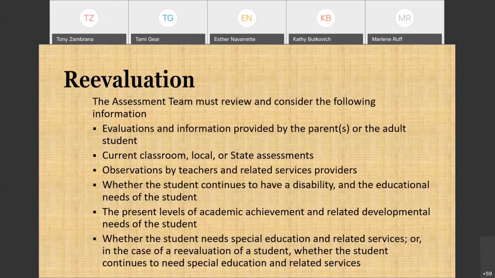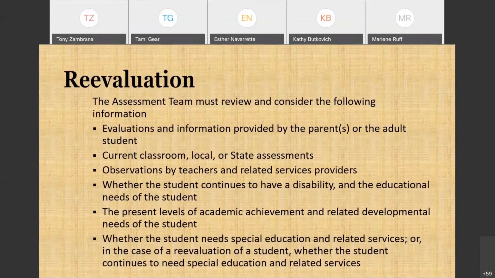Sometimes students need special education their entire educational career, but in some cases you're able to get them caught up, especially if there are less severe disabilities, then you're able to catch them up with their general ed peers, and when the reevaluation comes up, they may not continue to be eligible.